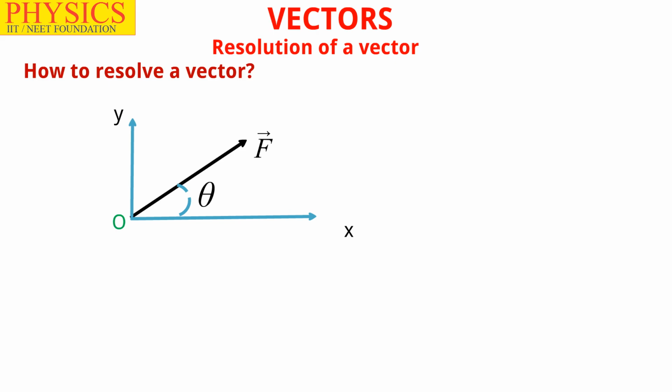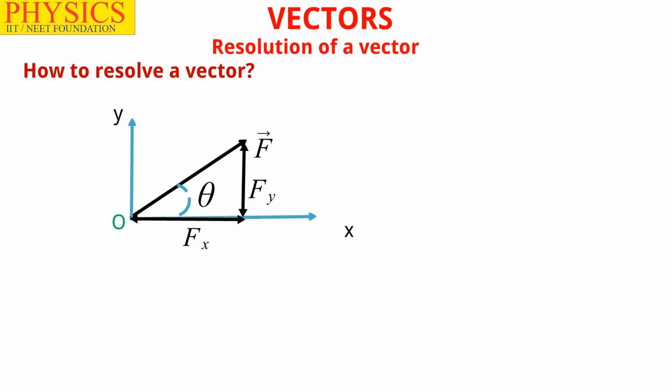First, the vector has a length on the x-axis. Let me take it as fx, and on the y-axis its length is fy. On the x-axis it has a magnitude fx, and on the y-axis it has a magnitude fy.